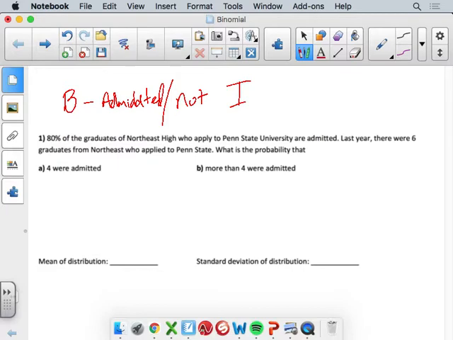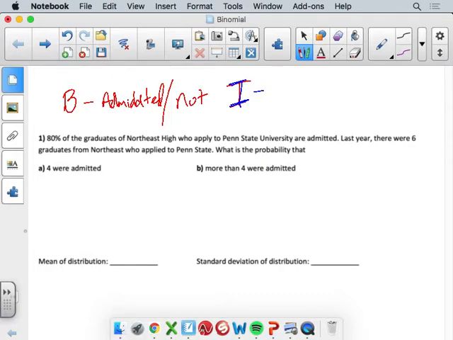Let's see. Maybe I'll do a different color here to stand out. Are the events independent? So we're on independence, is our sample less than 10%?